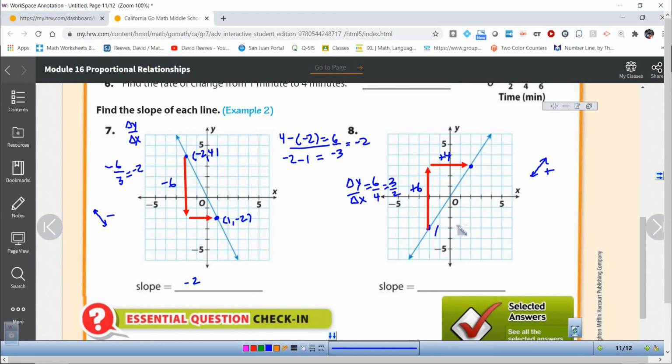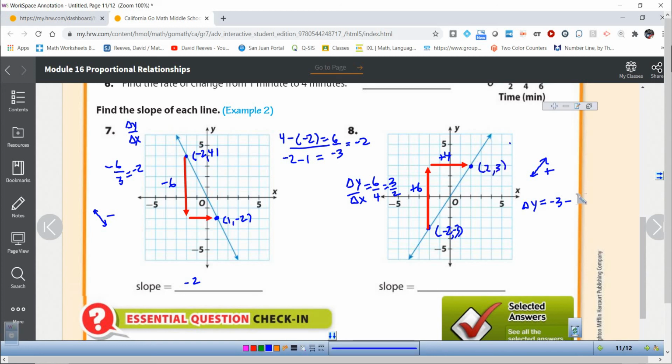If I did the subtraction method, then I need to take a look at what these points are. So this point is negative 2, 1, 2, 3, negative 3. This point right here is 1, 2, and then 1, 2, 3. So if I do my change in y, since I was going from this point to this point, I'm going to do negative 3 minus, that was a positive 3.